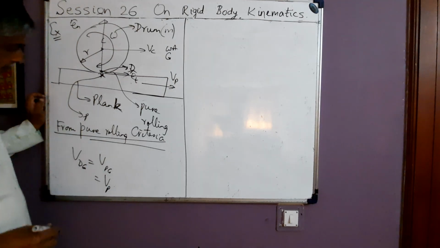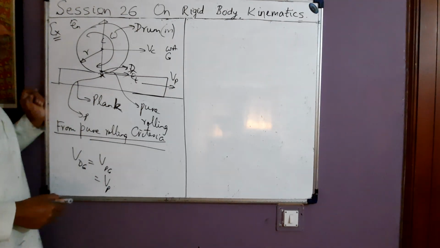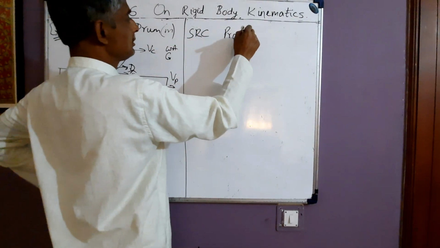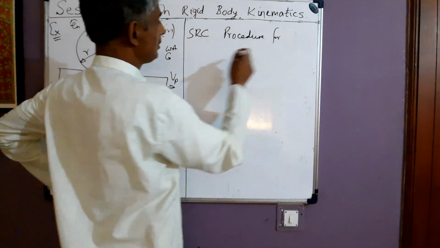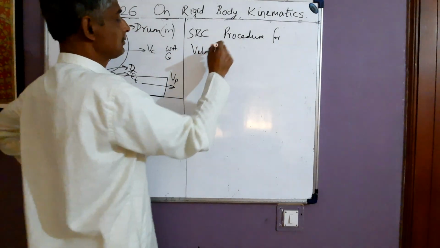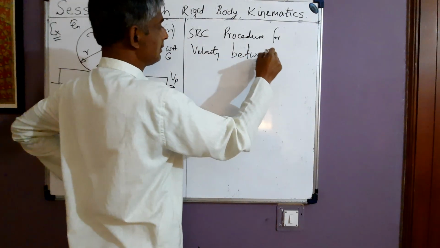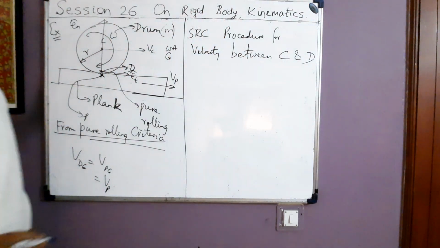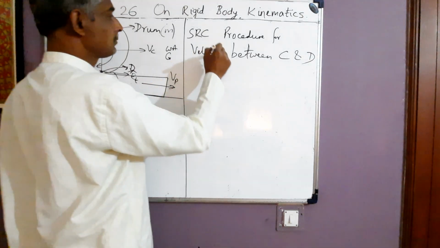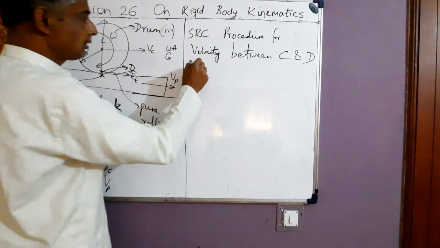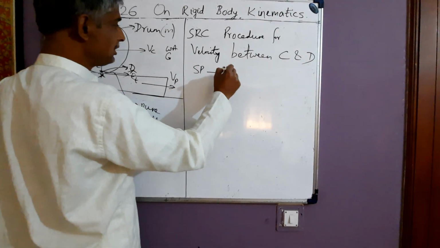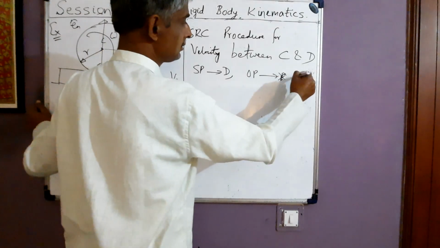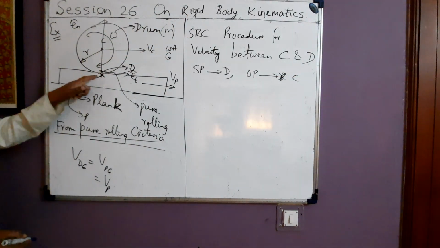Now we have to find Vdg. For that we apply the SRC procedure for velocity between C and D. The selected point becomes D, the other point becomes C. D is the material point of the drum in contact with the plank.